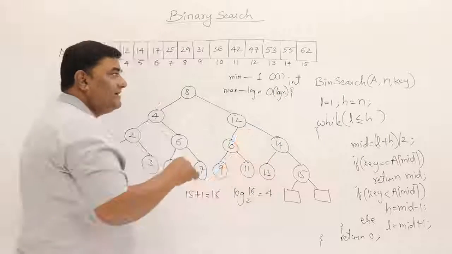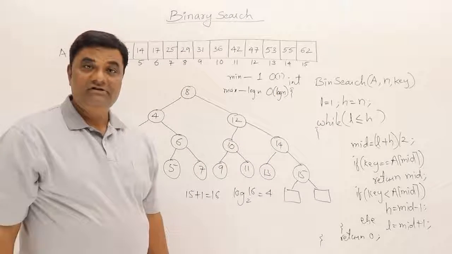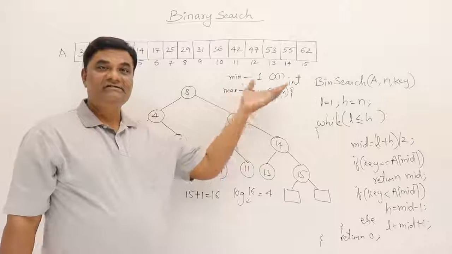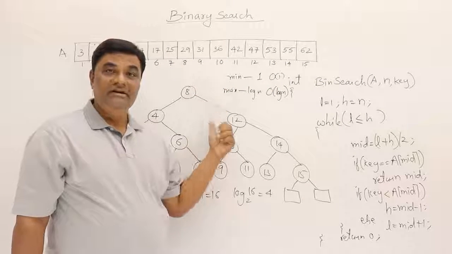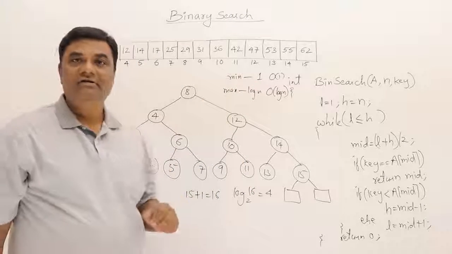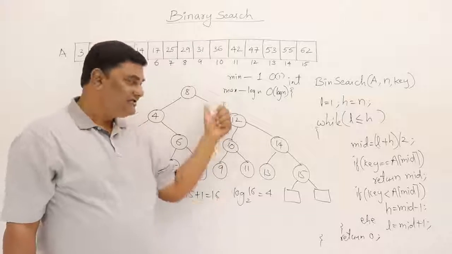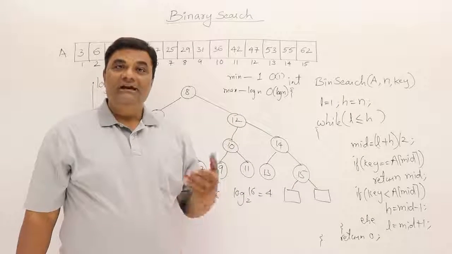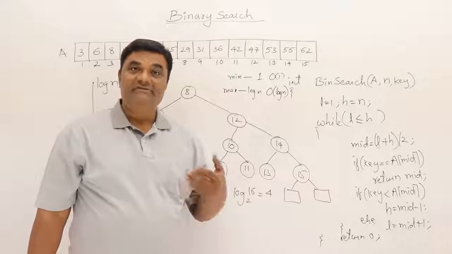So the minimum time of binary search is order of 1, maximum time is log n. So best case is if you are searching for a key element in the middle of a list, and the time is 1. Worst case, if you are searching for a key element present in the leaf, and the time is log n. Worst case time is log n.